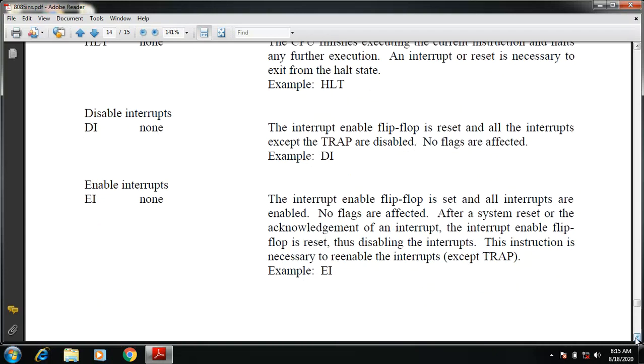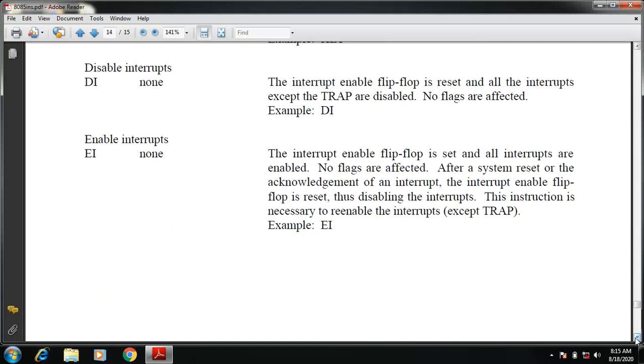Okay, next DI. DI means disable interrupt. Here the operands are none. The interrupt enable flip-flop is reset and all the interrupts except TRAP are disabled.